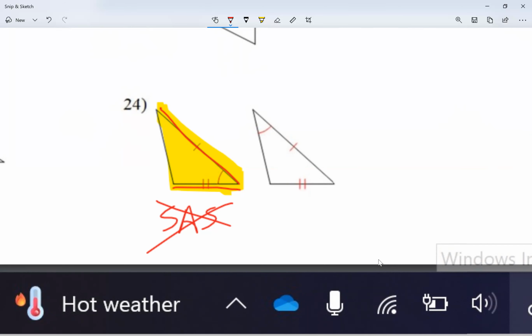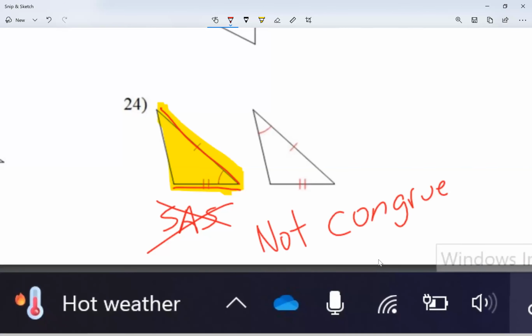In this case, I will say these two triangles are not congruent. They have to be marked the same way. I'm working up until 28, so I'm not quite done yet.